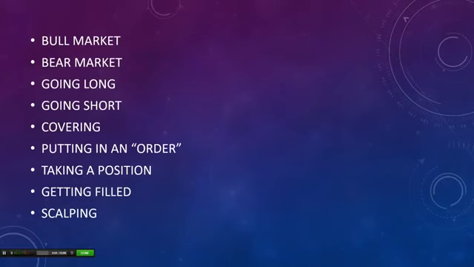The next one is putting in an order. An order is basically what happens when you put in a buy or a sell, okay? Especially in the markets that we're trading in, the pink sheets, the OTC BBs, the Nasdaq, Amex, New York Stock Exchange, when you're trading micro cap or small cap companies, they usually don't have extreme volume.